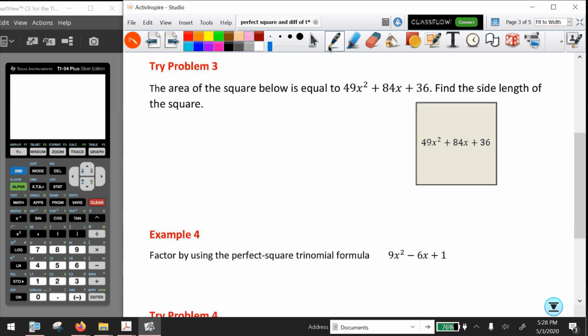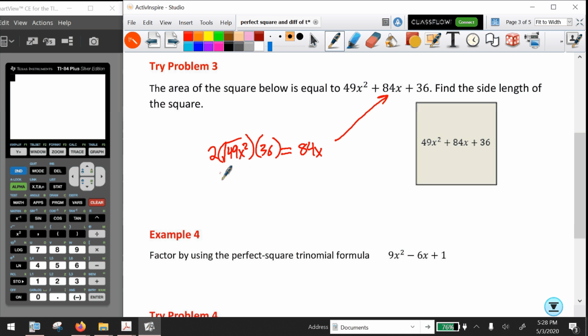I want to begin by verifying that we are in fact working with a perfect square trinomial. To test that, you take the middle term, 84x, and verify that it is equal to 2 times the square root of the first term, which in this case is 49x squared, multiplied by the square root of the last term, which is 36.